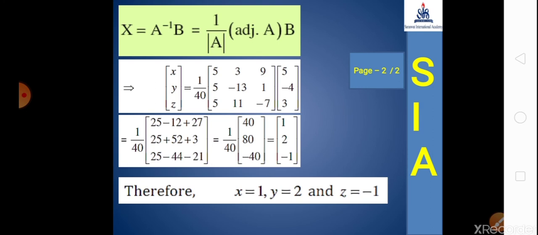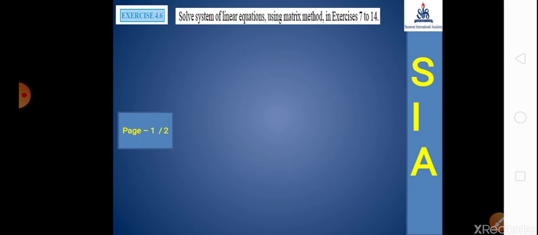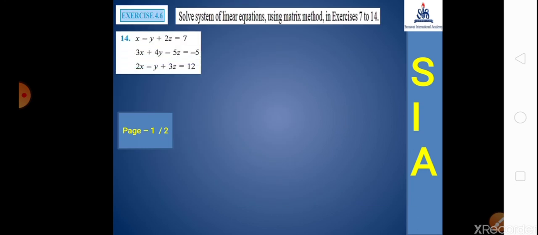Now I move ahead, continue. Continue 4.6, question number 14.